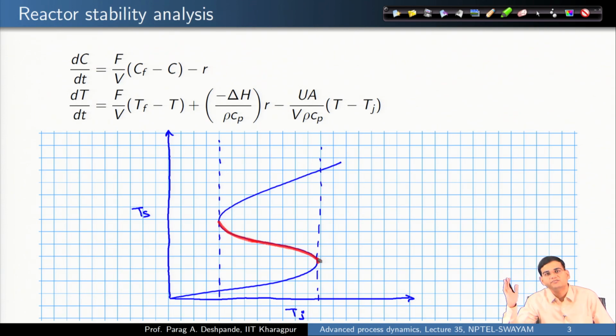You take any of the vertical lines in this portion, you will not get any stable solution. So, therefore, you will not observe the system.